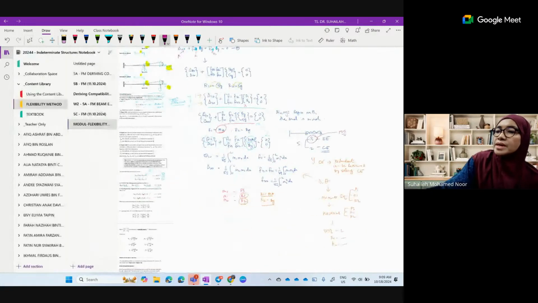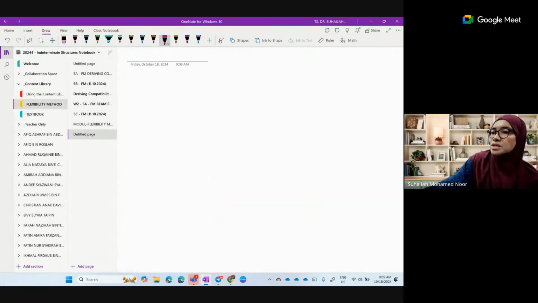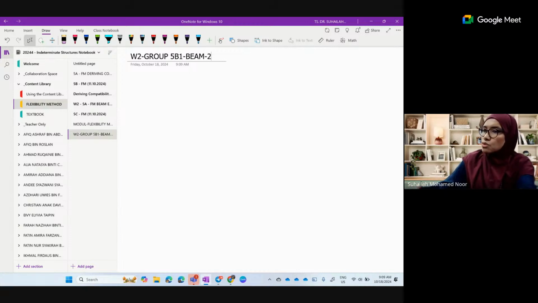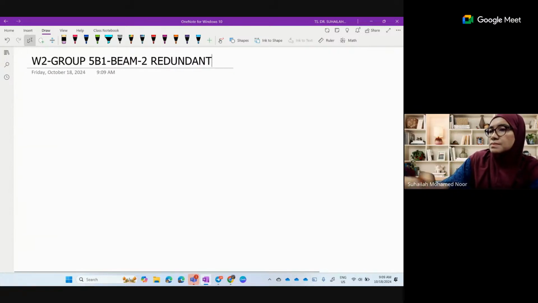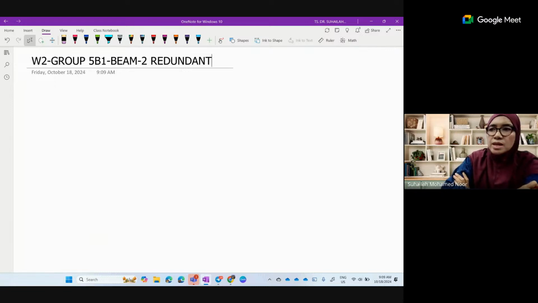Okay, so saya create one new page. So yang ni week 2, group 5B 1. Yang ni beam 2 redundant. Okay, beam with 2 redundant.